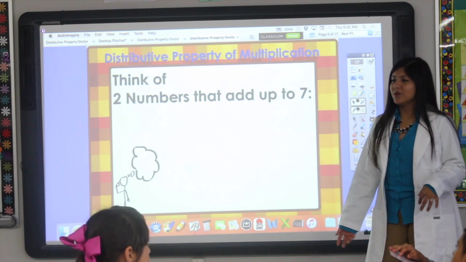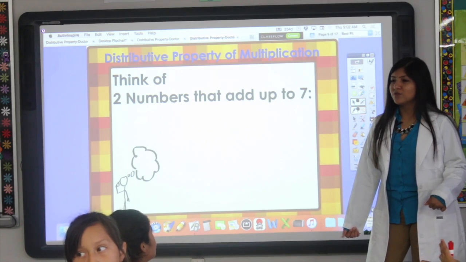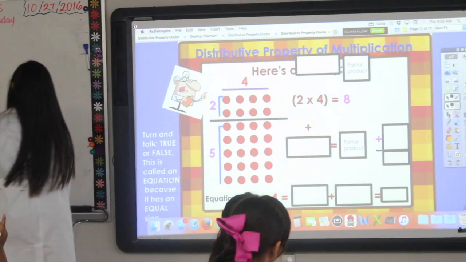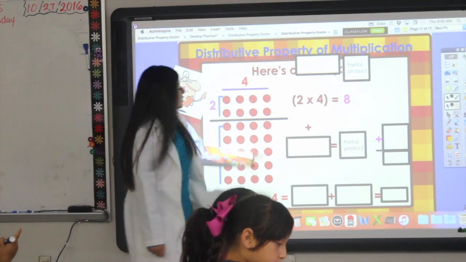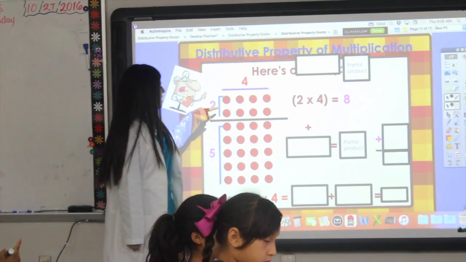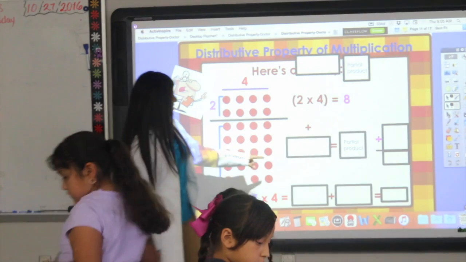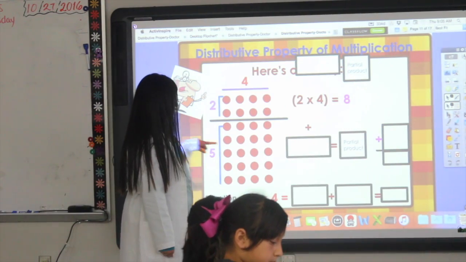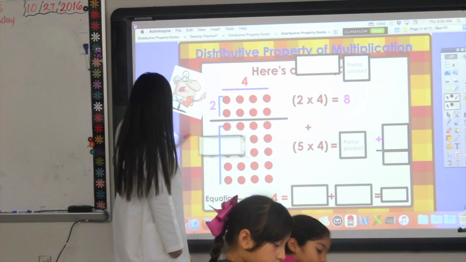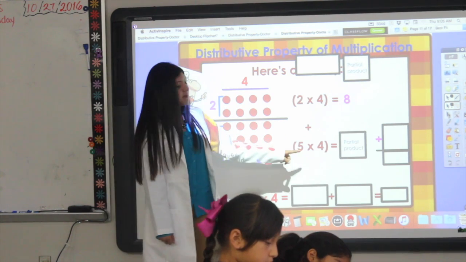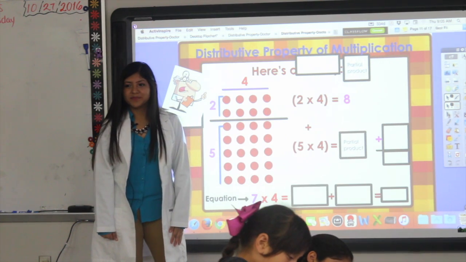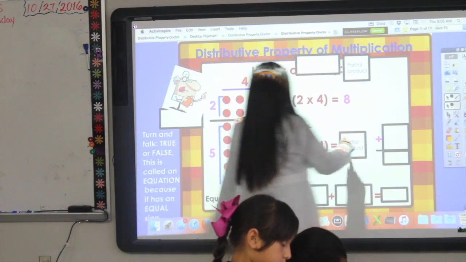So 5 plus what equals 7? 5 plus 2. Okay. So we did the first part of the array. Now we need the second part. So the second part would be 5 times 4. So 5 times 4 equals what? 20. Yes.